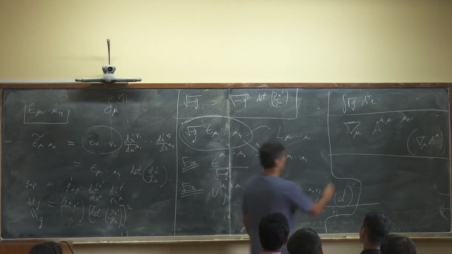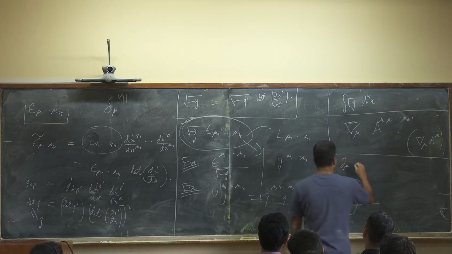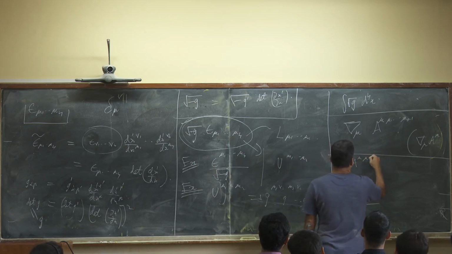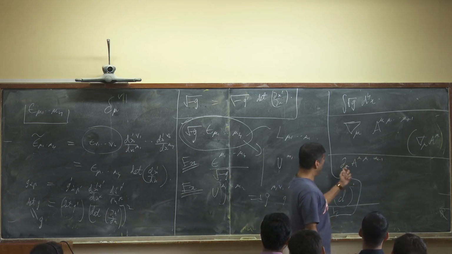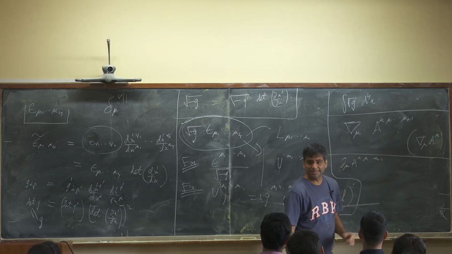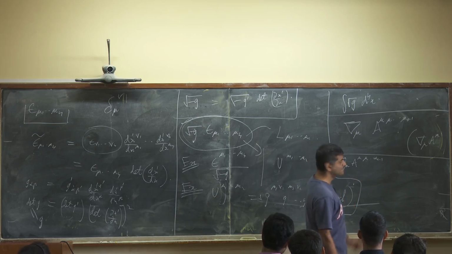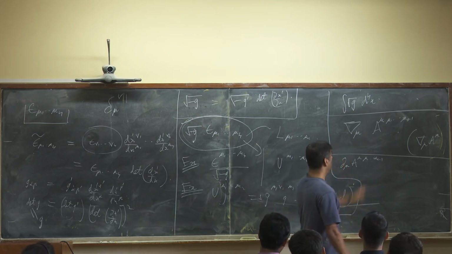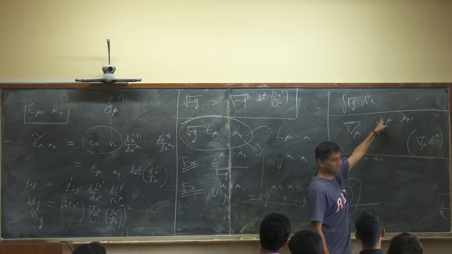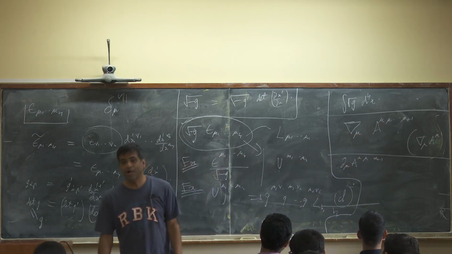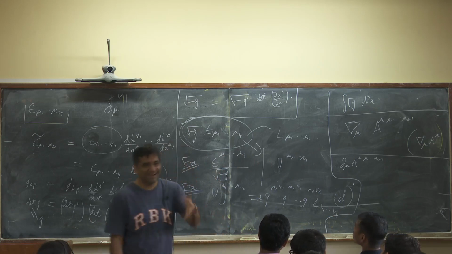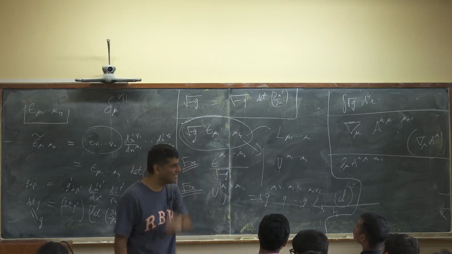So what does this mean? By definition, this means ∂_μ A^{μ μ1 to μ n-1} plus how many gamma terms? N gamma terms. One of these gamma terms is special because it acts on the index that's contracting with the derivative. All the other gamma terms are basically the same because of the antisymmetry.